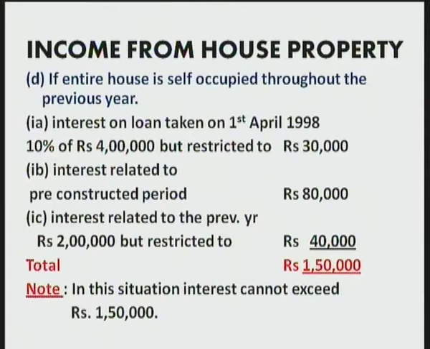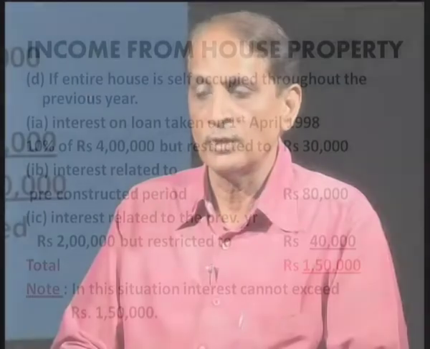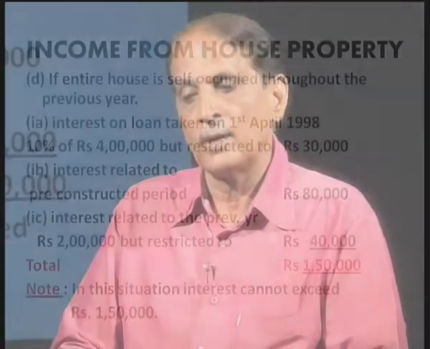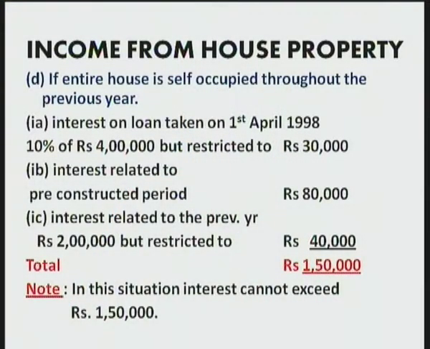It means for any loan taken up to 31st March 1999, interest paid and payable in this connection cannot exceed Rs 30,000. Therefore, Rs 30,000 is deductible in respect of the loan taken up to 31st March 1999.